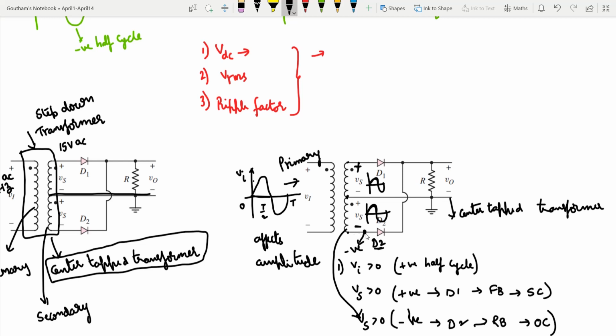Because this is open circuited now, there is no current flow from the bottom. Only this portion of the circuit is on.